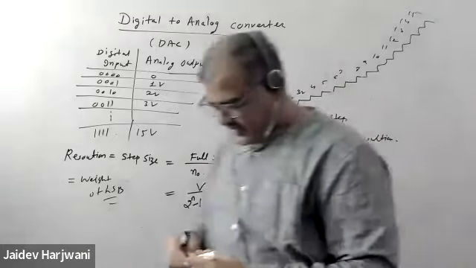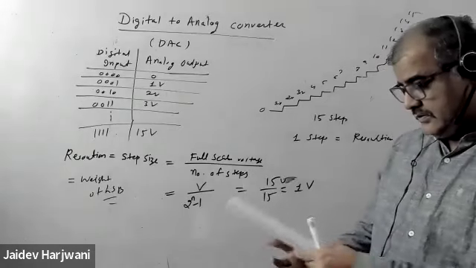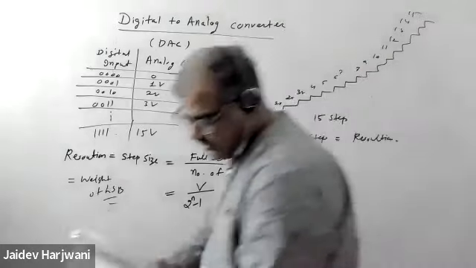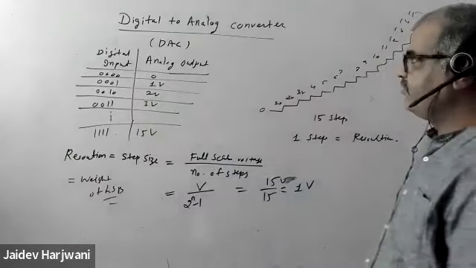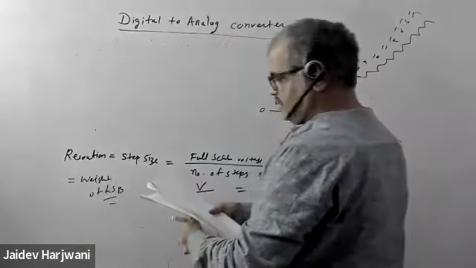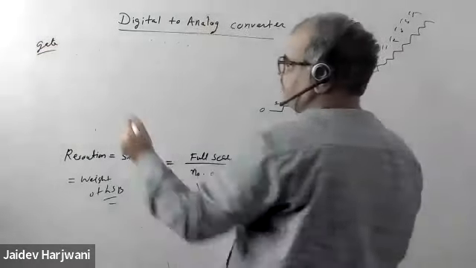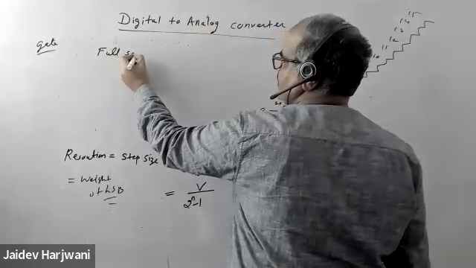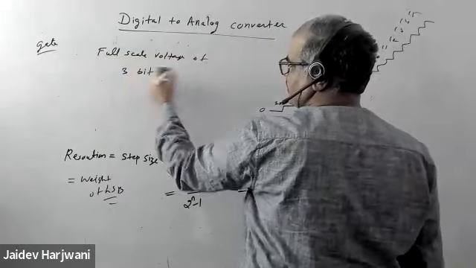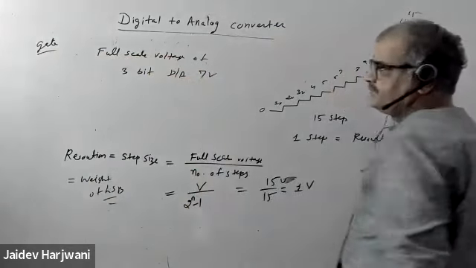For example, a question came in GATE: the full scale voltage of a 3-bit D2A converter is 7 volts.